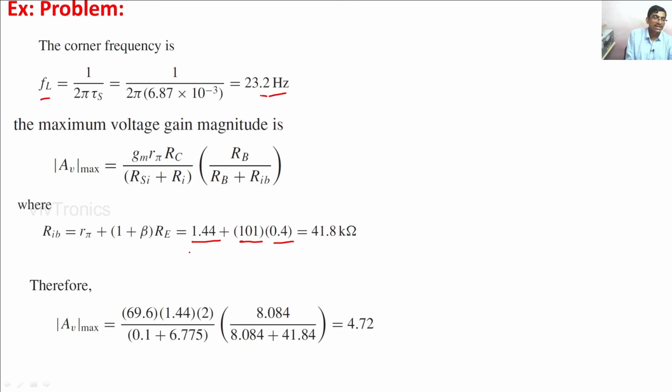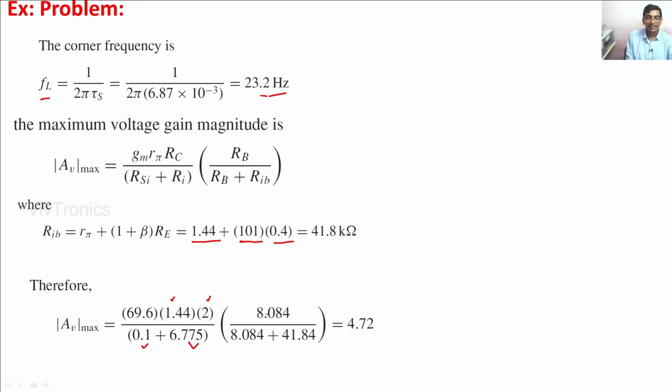Okay, then we can substitute the values. gm is equal to 69.6, r pi value is 1.44, the RC value is 2 kilo ohms, the RSI value is 0.1 kilo ohm, and the Ri value is 6.77 kilo ohms.